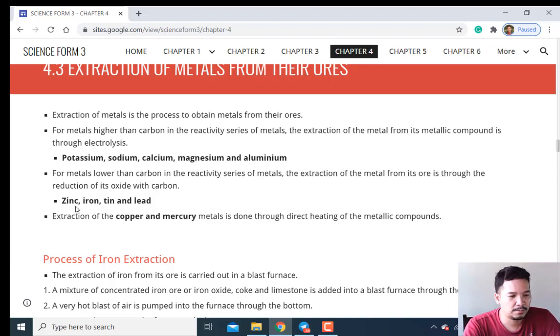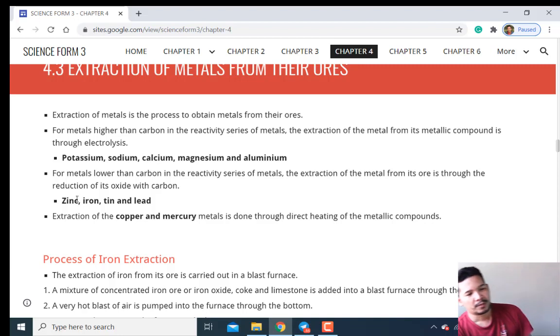So these metals such as zinc, iron, tin, and lead, we use metal extraction using the reduction of its oxide with carbon. For copper and mercury metals, extraction is done through direct heating of a metallic compound.